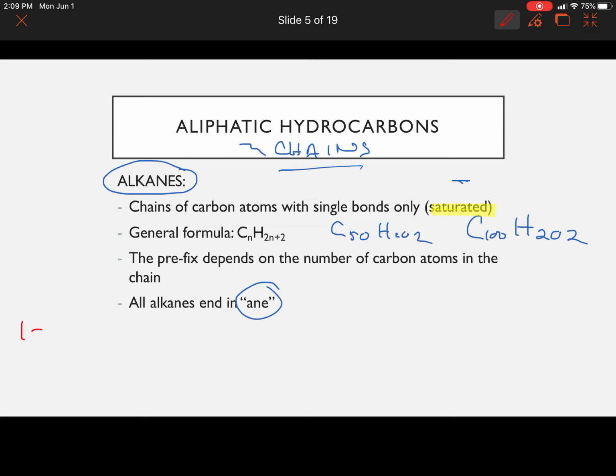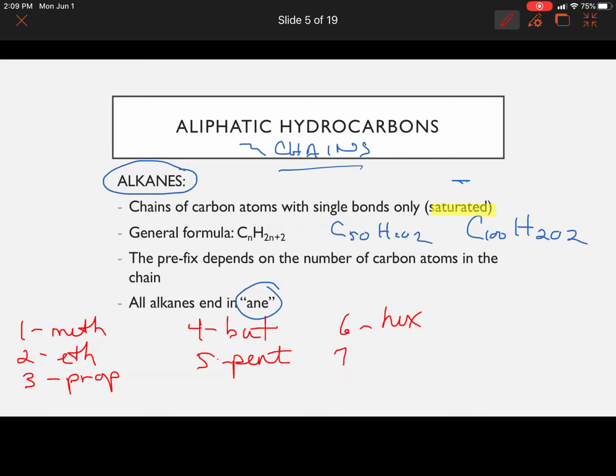If we look here, 1 is going to be meth, 2 is eth, 3 is prop, 4 bute, 5 is pent, 6 hex, 7 is hept.